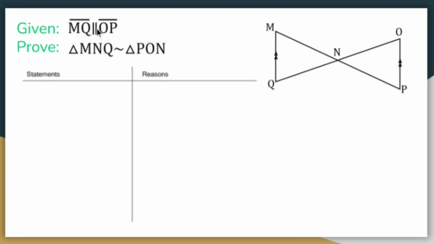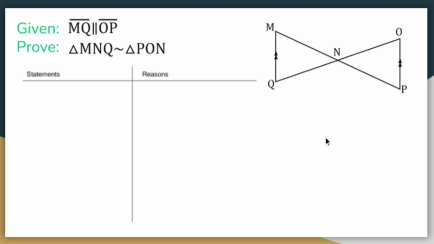Given MQ is parallel to OP, I need to prove that MNQ is similar to PON. This is similar. Remember, similar is not congruent. It can be, but it's not. Okay, so with congruent, we had like SSS, SAS, ASA, AAS, HL, HA, LL, LA, and you're like, well, which one should I use?